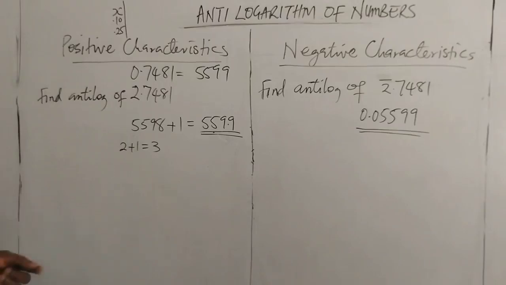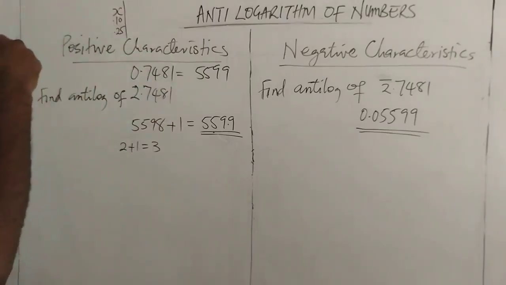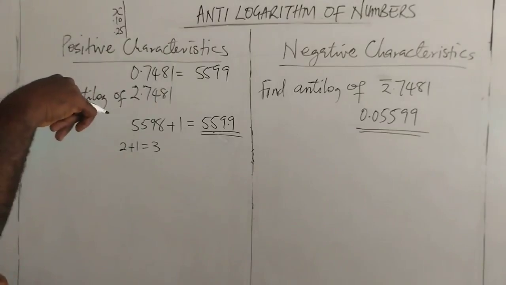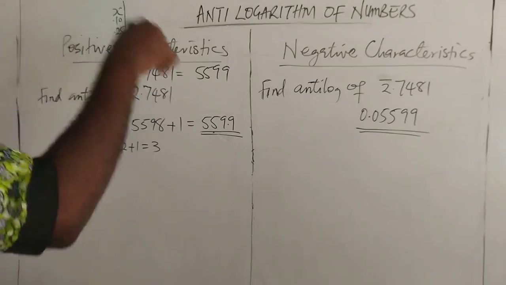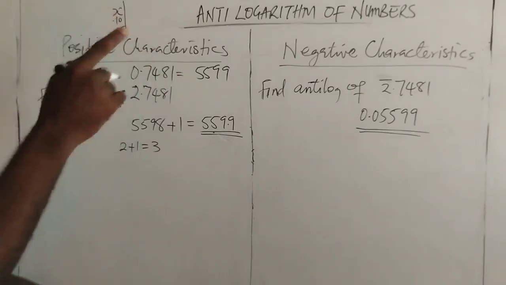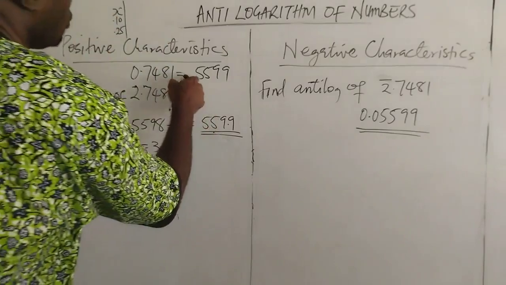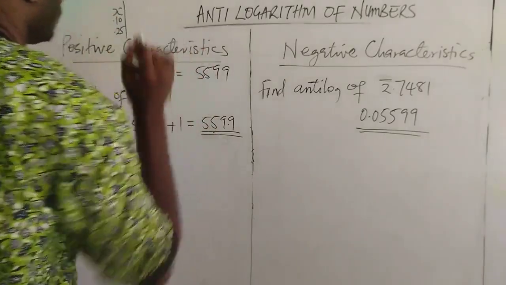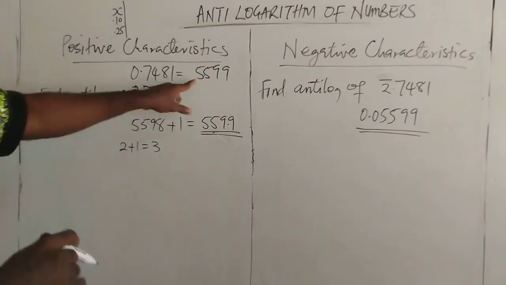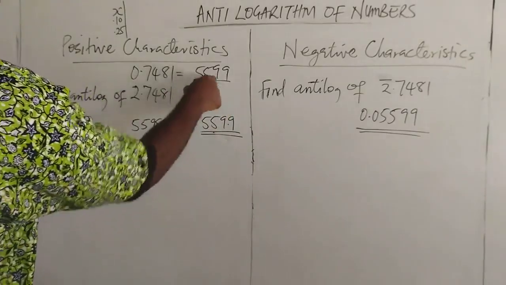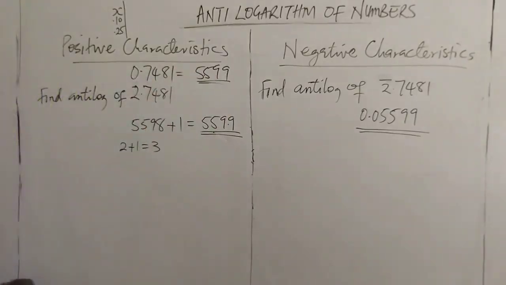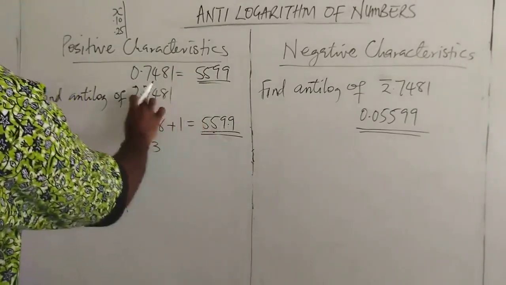As long as it's positive, you have to add 1 to it. So adding 1 to this 0 will give you 1. And that 1 means 1 decimal place. So you count and put 1, put point. So this is the antilog of this number.